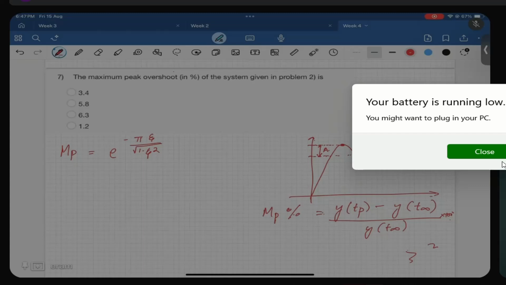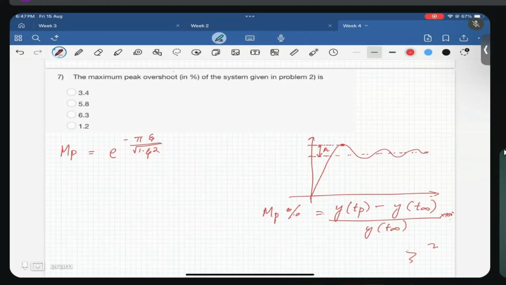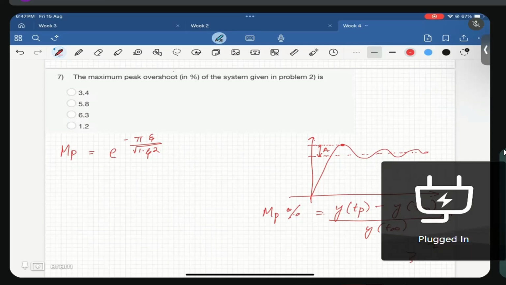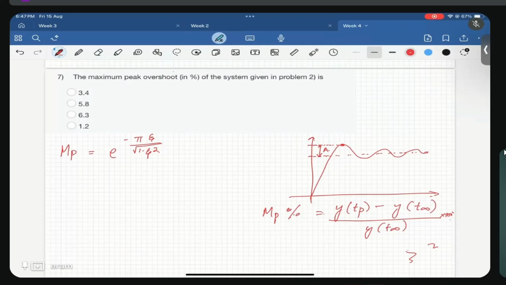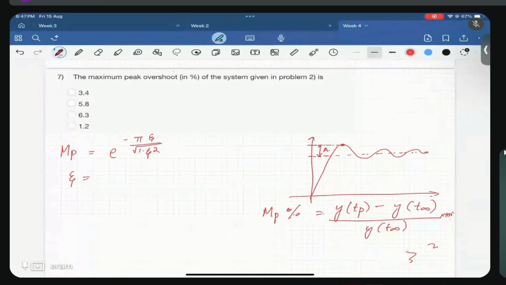Okay, so calculate how much you will get. I got 5.8. Okay, so how much was the zeta?